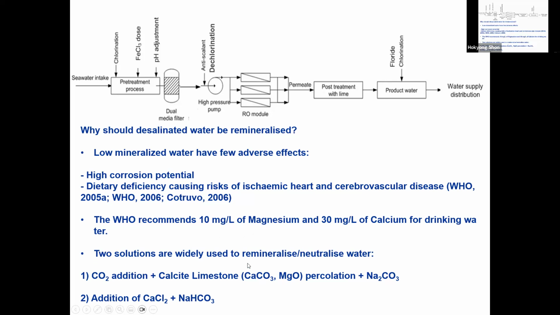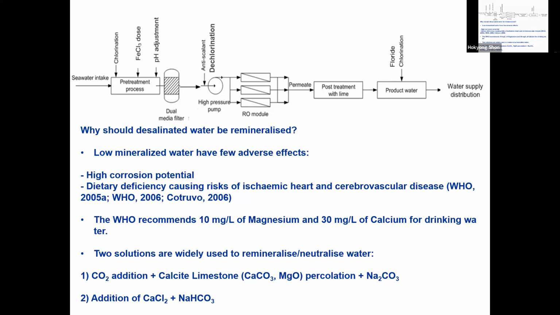Two solutions are widely used to remineralize the water. First, calcium with CO2 addition. You can add CO2 to produce carbonate and bicarbonate, so you have a pH adjustment. CO2 is converted to bicarbonate, which has a buffer solution function, and the CO2 also creates a good quality water source. Then calcite, limestone, so calcium carbonate.